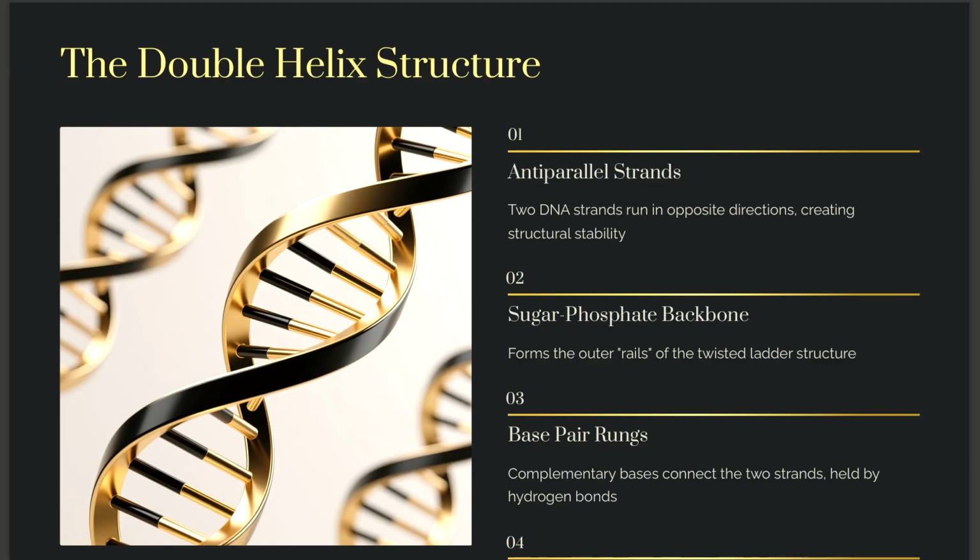The third is the base pair rungs. In the middle, like in a ladder, the rungs are made up of the base pairs. These base pairs are held together with one another by hydrogen bonds in between them.